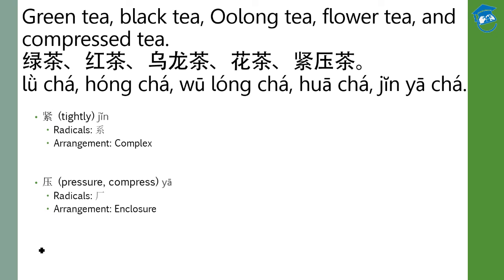There shouldn't be any problem because you have just learned 花 is flower, cha is tea, so it's flower tea. And then 紧压茶 is compressed tea. Okay, 紧 is tight, and then 压 is pressure or compressed. So 紧压 means tightly compressed tea. So in other words, it means compressed tea.